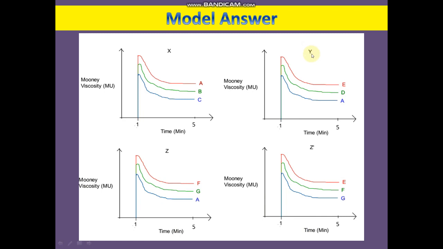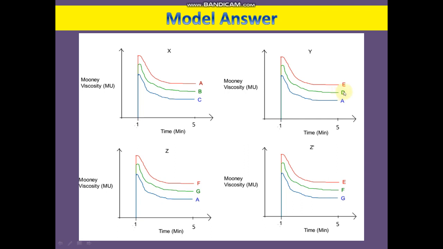So in the plot you can see compound A, which doesn't contain any kind of particulate fillers, here the carbon black, has shown the lowest Mooney viscosity value. And compound D contains 30 PHR and E contains 60 PHR of carbon black.